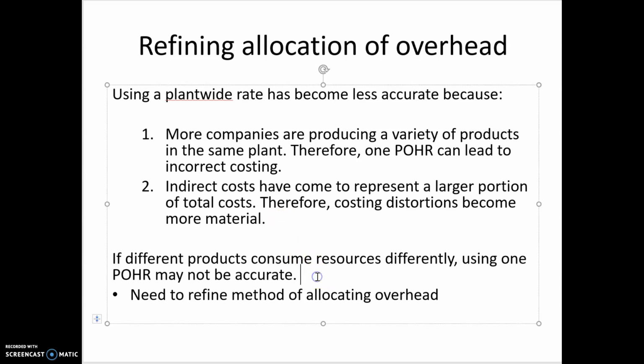And so if we are making more than one product and they use the resources differently because maybe one has a more complicated process than the other product, then using a single predetermined overhead rate is not going to be accurate. So we need to refine the method of allocating overhead. We need to make that a more accurate way to allocate.